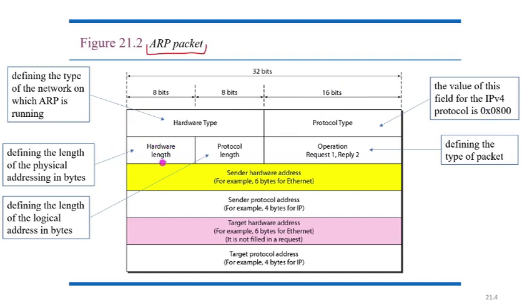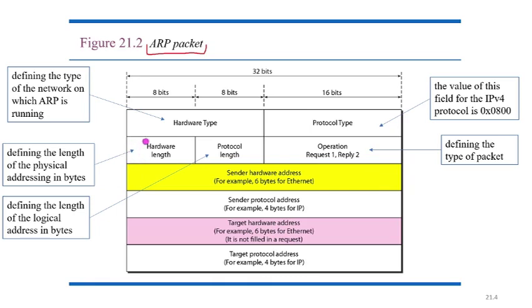Next is the hardware length. The hardware length defines the length of the physical addressing in bytes, that is, the source physical address and destination physical address. Physical addressing means the MAC addressing, so what is the MAC address size?